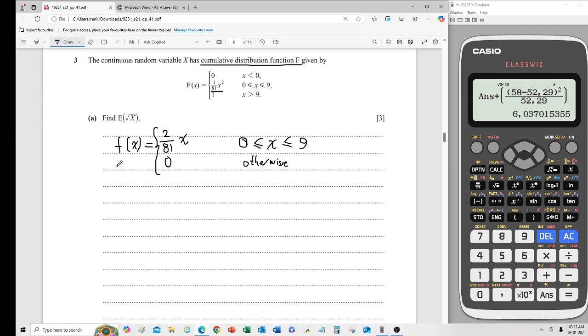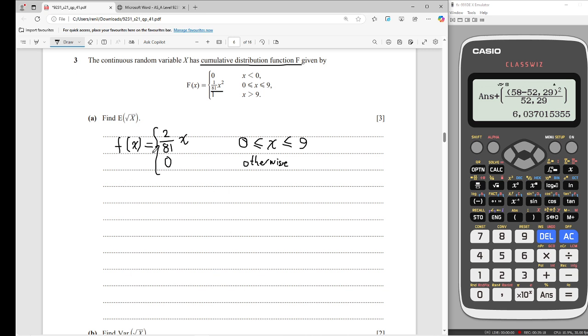Now, to calculate the expected value of root x, we simply need to integrate this function, but we need to multiply root x with it when integrating. So to integrate 2 by 81 x, right here we will have the limits, which are 9, our upper limit, and 0, our lower limit.